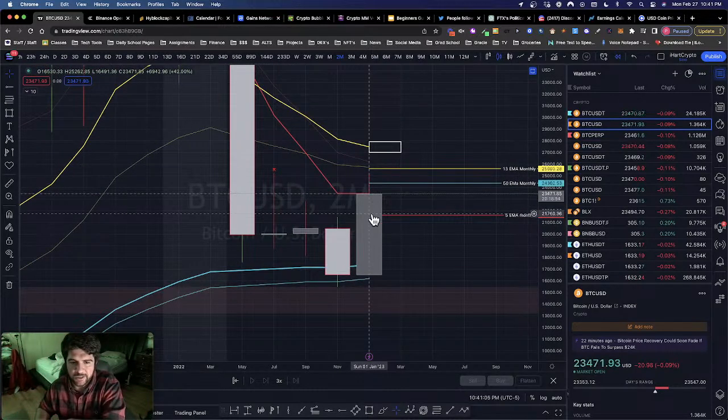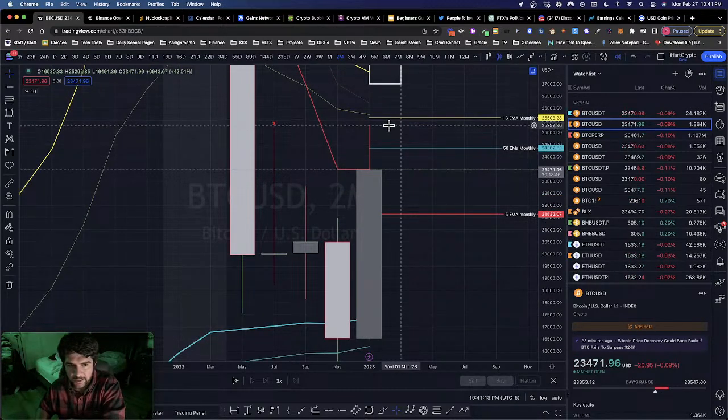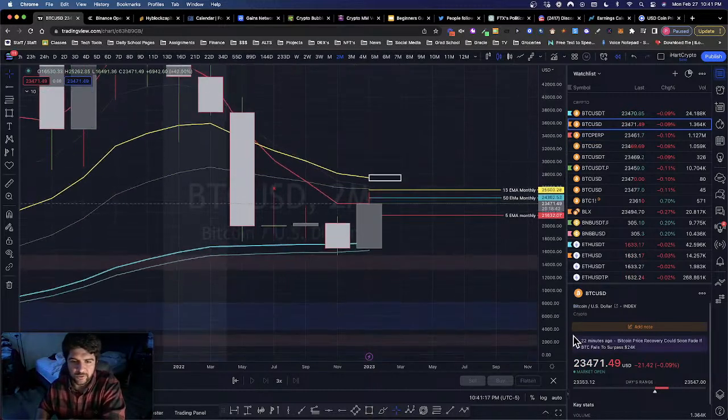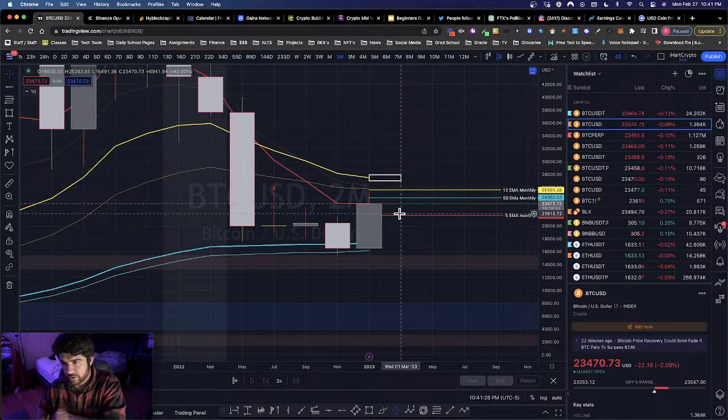You've almost got a bullish engulfing candle on your 2-month. If you get a huge move tomorrow back up into here, that would be a bullish engulfing 2-month candle. It would have engulfed the past 3 candles. That would be huge, so just look out for that.